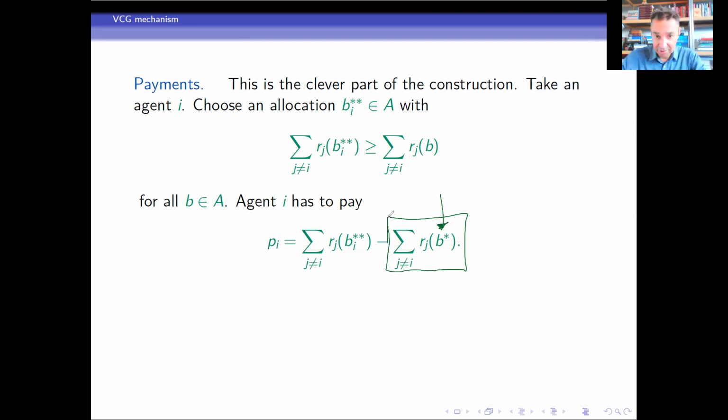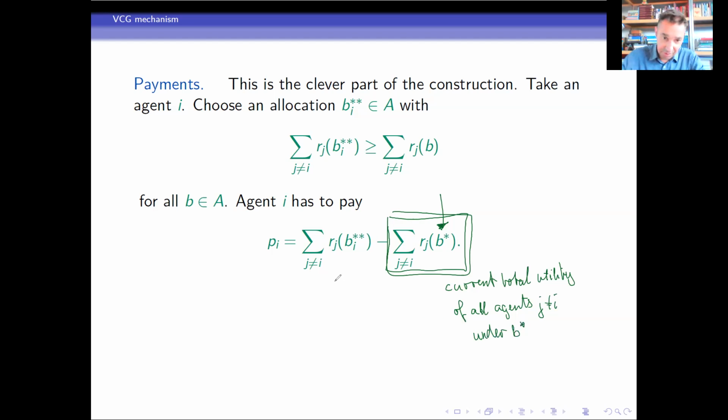Well, you see what is over here is the current total utility of, let's say, all agents j other than i under, well, the total utility maximizer.